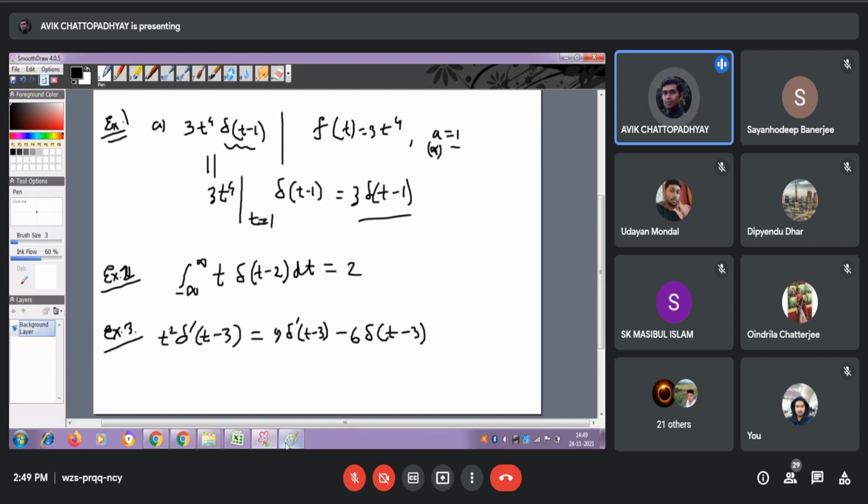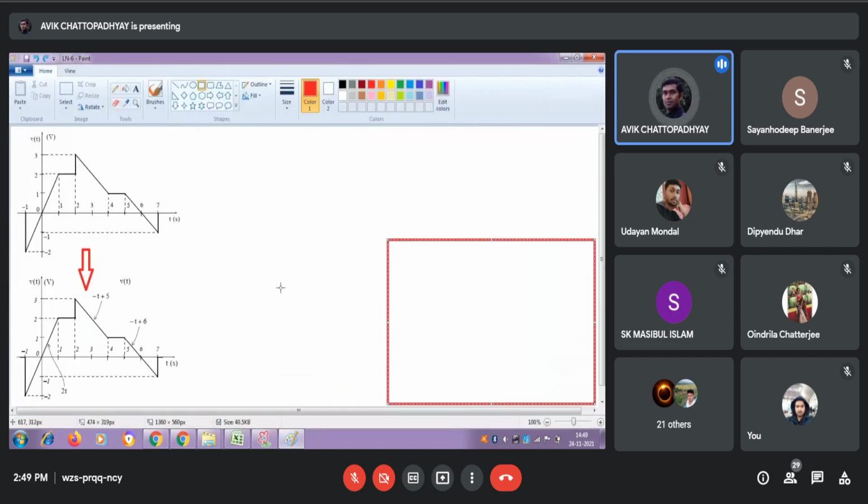Suppose I'm going to share this slide with you. In the left-hand panel, look at the waveform. It is a very complicated waveform in comparison to what we have already done. Here we have to express this voltage waveform.